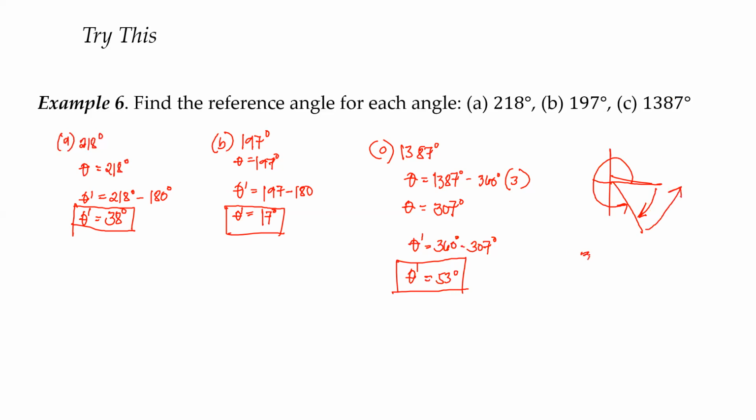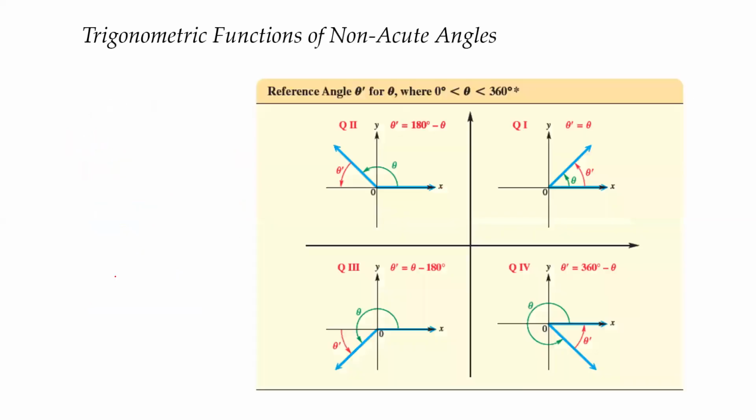That is why we start with 360 minus 307. And for this case, 218 and 197, so most likely they are there, right? So the entire 218 is measured from here counterclockwise, so that our reference angle is always positive.